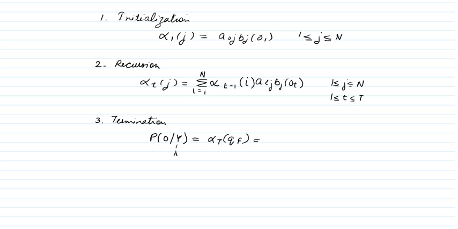That can be written as the summation over i equal to 1 to n of alpha_T(i) a_iF, the transition into the final state.